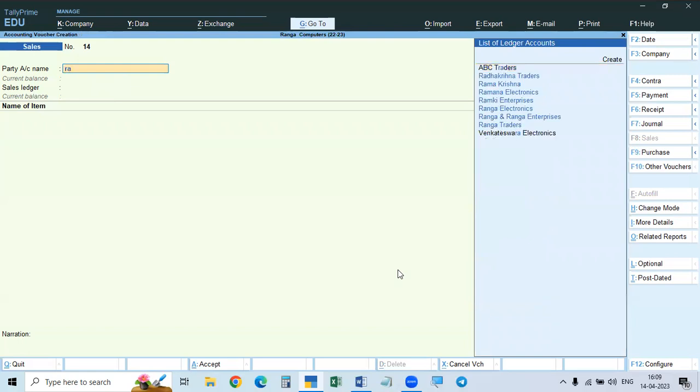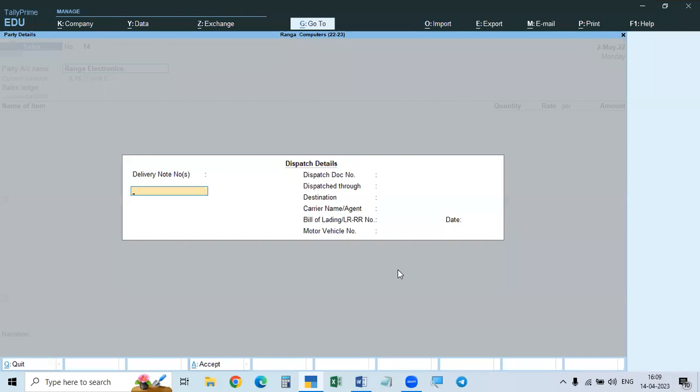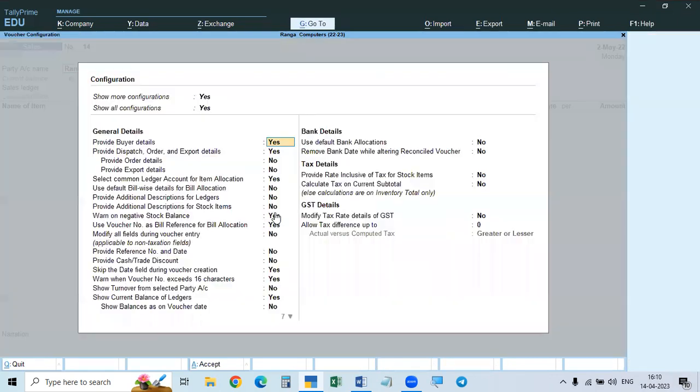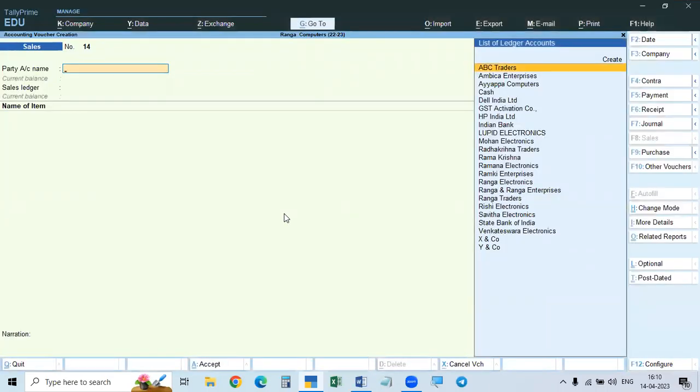The name is Ramana Electronics. Now take the voucher; we have to press F6, that is, credit note we have to issue.